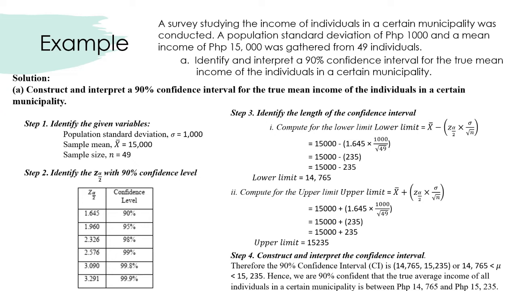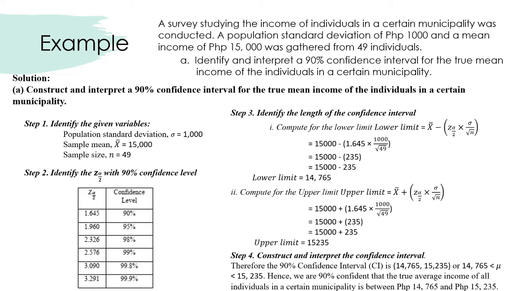For the step 4, construct and interpret the confidence interval. Okay? So our answer is therefore the 90% confidence interval is for quantity of 14,765 and 15,235, or 14,765 is less than the mean, or mu, is less than 15,235.